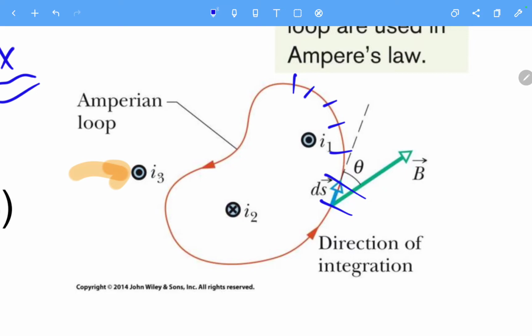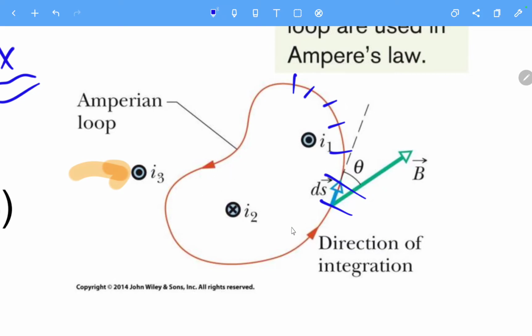For each small segment, we can regard it as straight, and ds is the tangent line following the direction of the loop. So it is not only a line but has a direction.